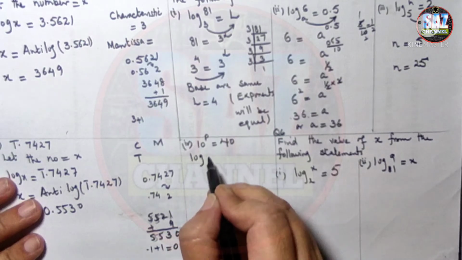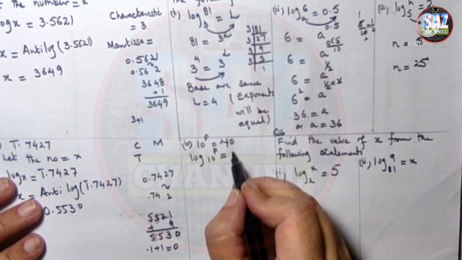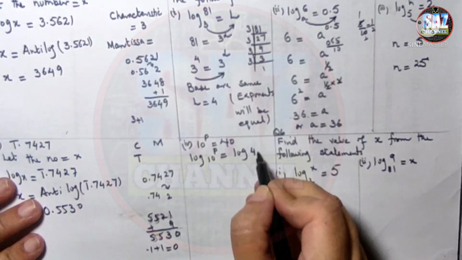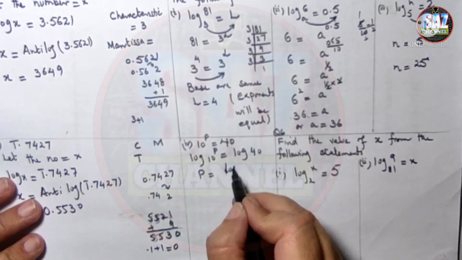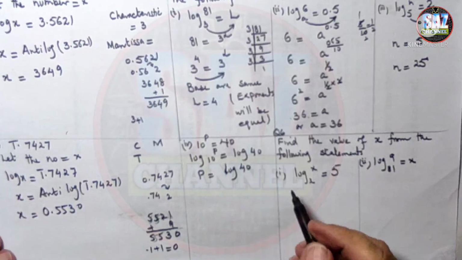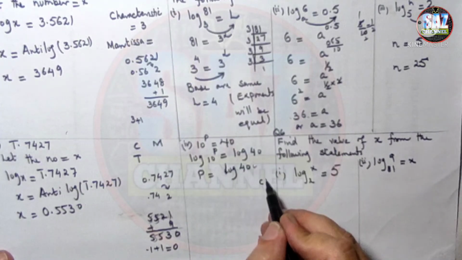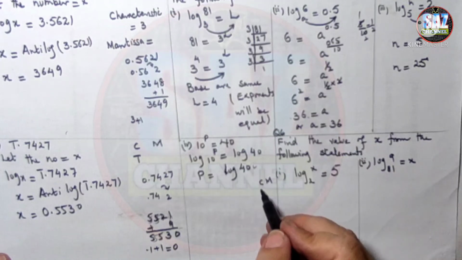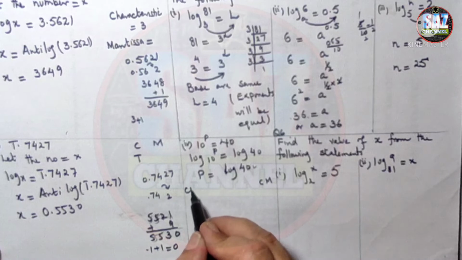Log 10 raised to the power of p equals log 40, or p equals log 40. Now I hope you are clear that we have to find the log of 40. Log will have two parts, characteristic and mantissa.